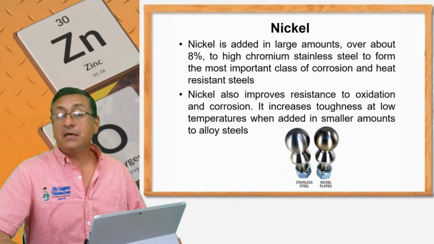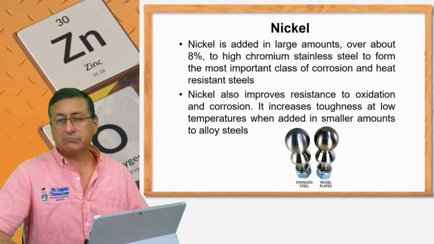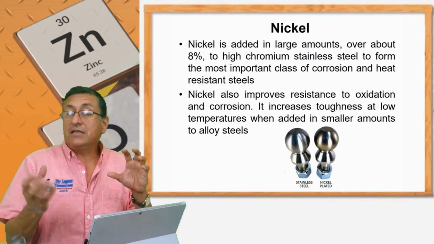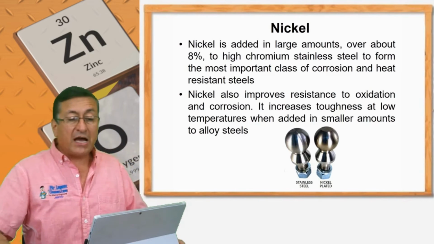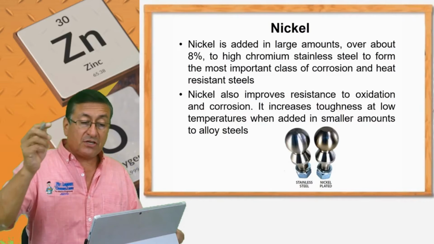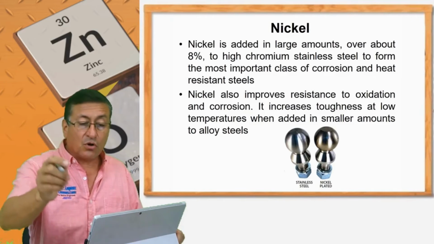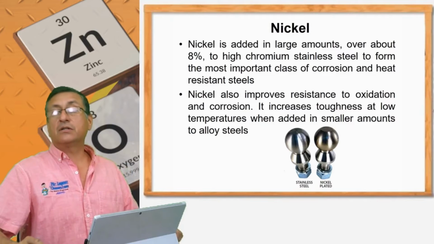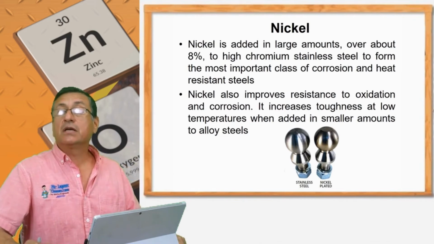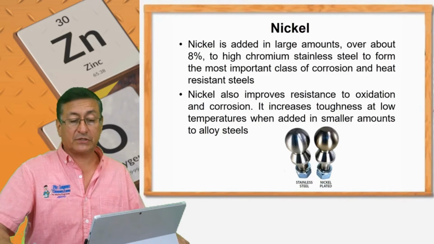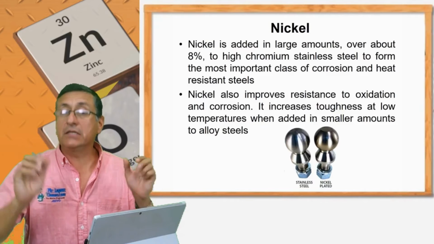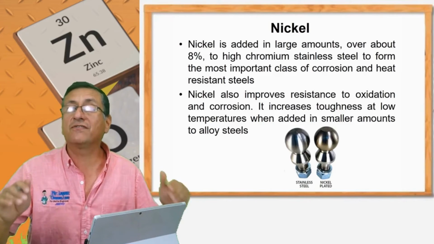Nickel is added in large amounts, around 8%, no more than 8%, and is added at the same time with a high content of chromium in stainless steel. Nickel improves resistance to oxidation, resistance to corrosion, increases the hot work, and increases the hardness of the surface. Nickel and chromium have similar abilities to inhibit corrosive properties.